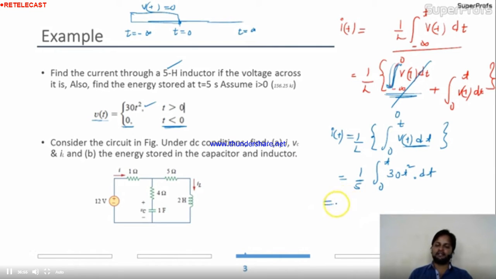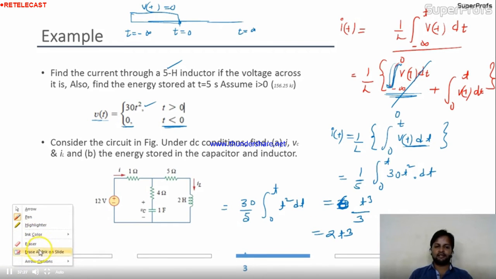This 30 will come out, divided by 5, integral from 0 to t of t squared dt. 30 by 5 is 6, and the integration of t squared is t cube by 3. So this is nothing but 2t cube finally.